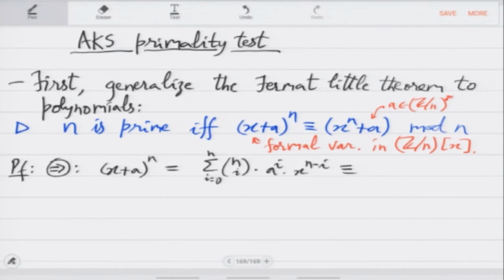So, i equal to 0, which is x to the n, plus a to the n, which is again x to the n plus a because of Fermat's little theorem on numbers. Okay, so this is why (x plus a) to the n is x to the n plus a.